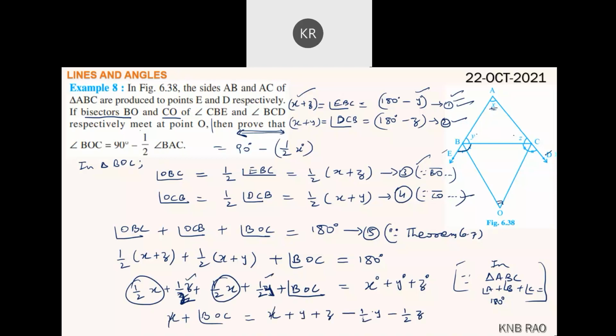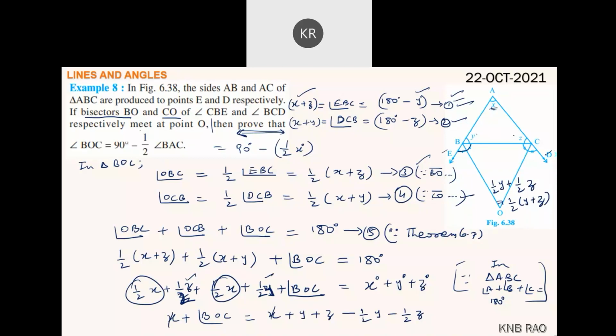Y minus half Y becomes half Y. Z minus half Z becomes half Z. So I will have angle BOC equals half Y plus half Z, which is half of Y plus Z. Correct?